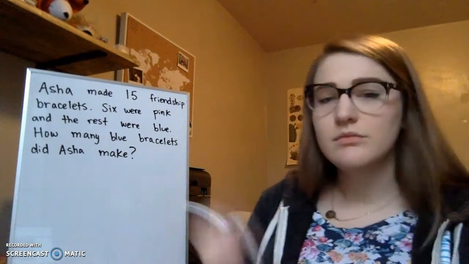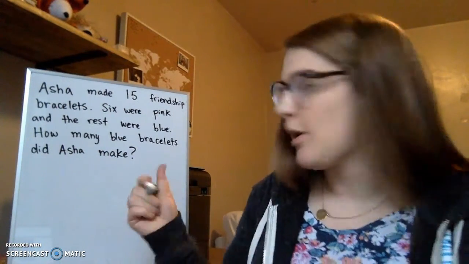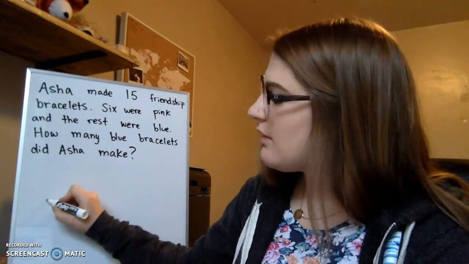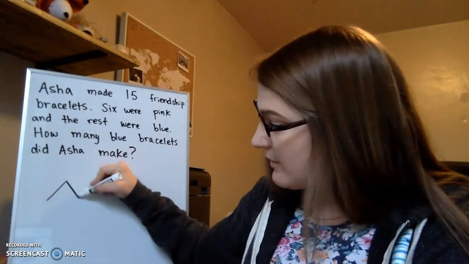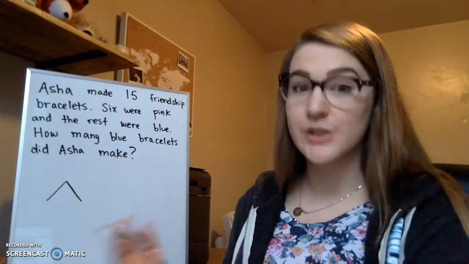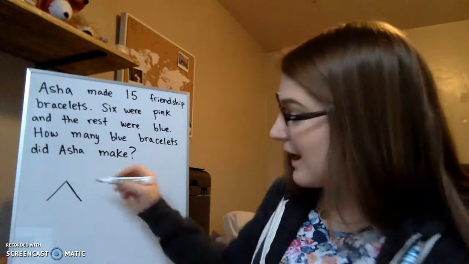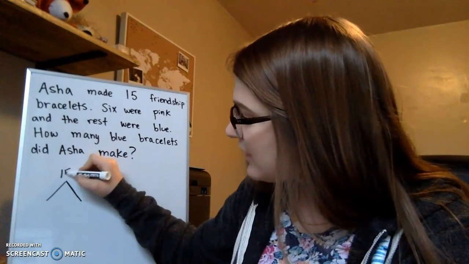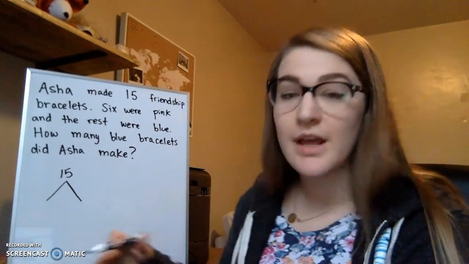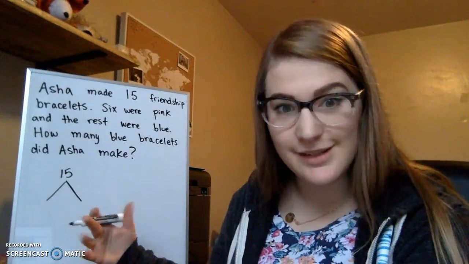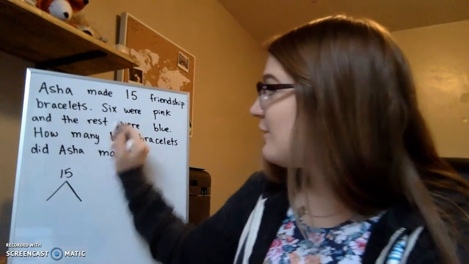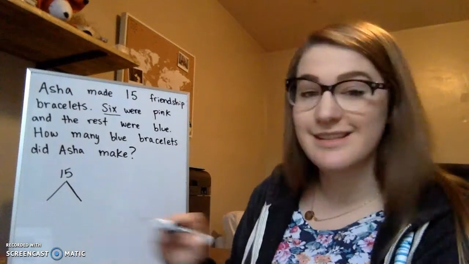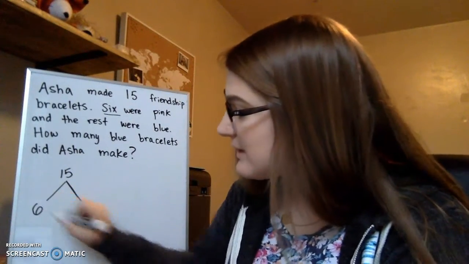Okay, so let's think of some ways that we can represent this problem. We know the math mountain way. So if we're doing a math mountain, where does our total go? Up at the top, right? So she had a total of 15. And then where do our add-ins go? On the edges, or on the ends here. So one of our add-ins were the 6 pink bracelets.